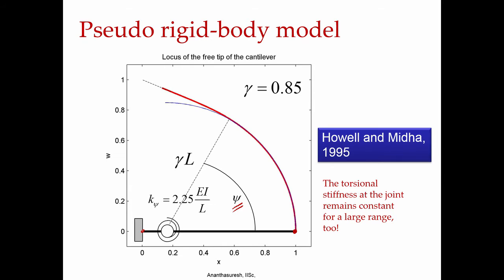So, we can replace that beam with a rigid body with a torsion spring, then go back to the literature of kinematics and do our analysis and synthesis comfortably. Then, when you want to have a compliant mechanism, replace that rigid body with torsion spring back with an elastic beam, and that is how this is going to work. That is the concept of the PRB.